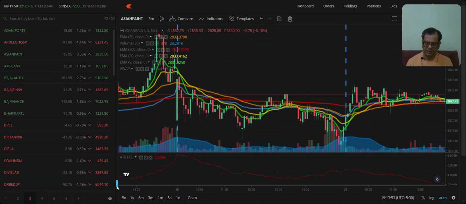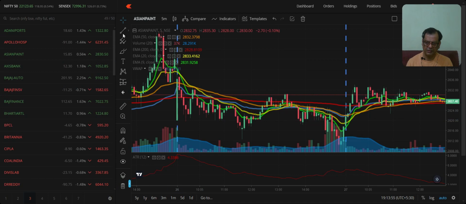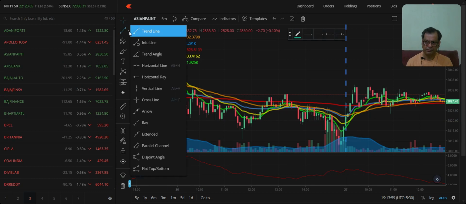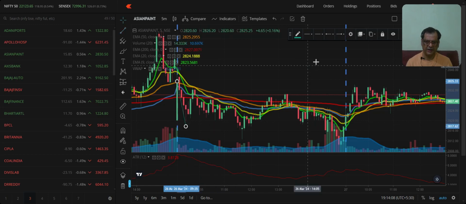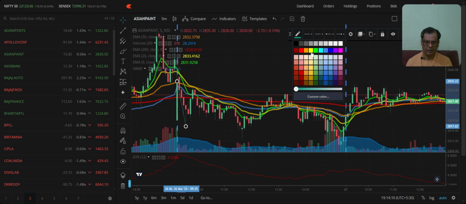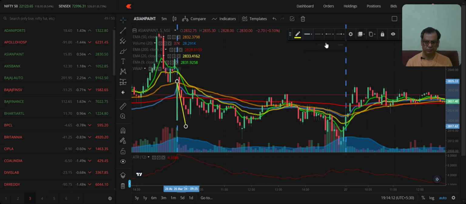Let me get hold of the trend line. So you have a first leg down. You have one leg down, and then buyers try to push up, but couldn't go beyond the VWAP and the EMAs.